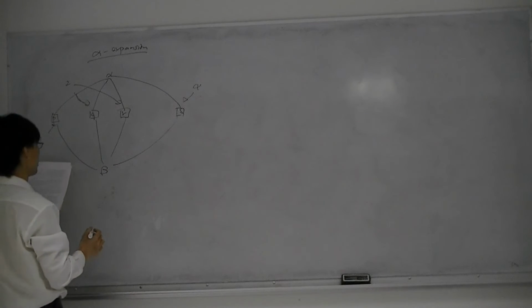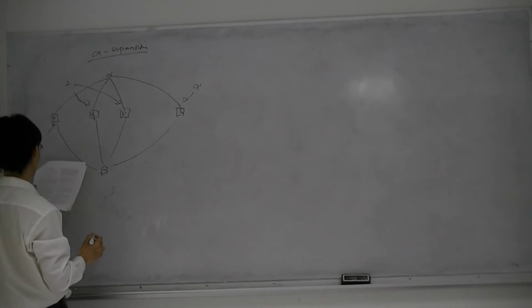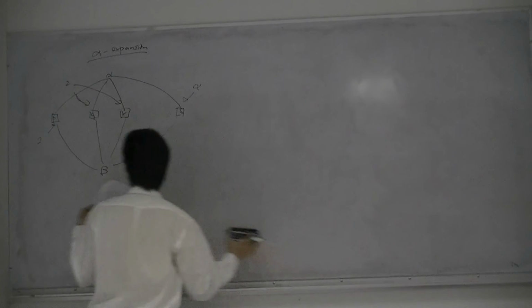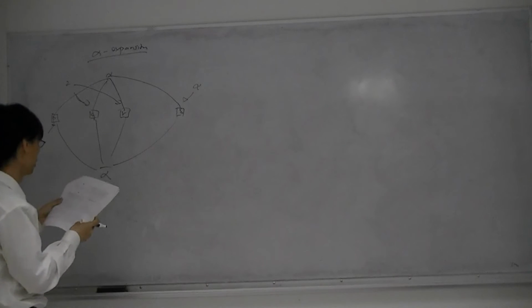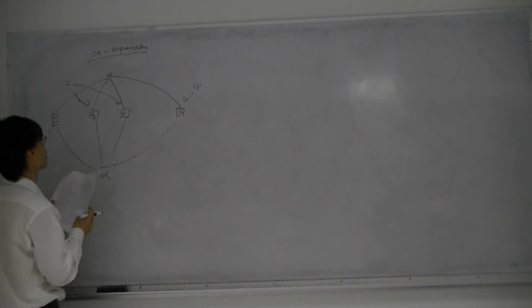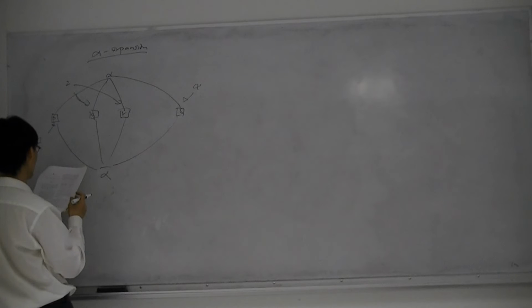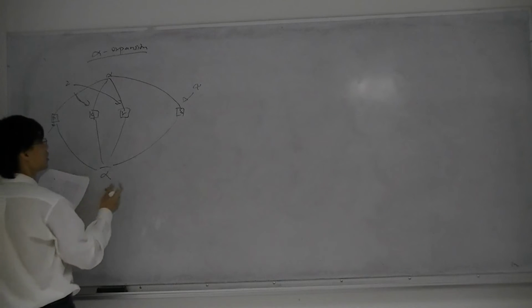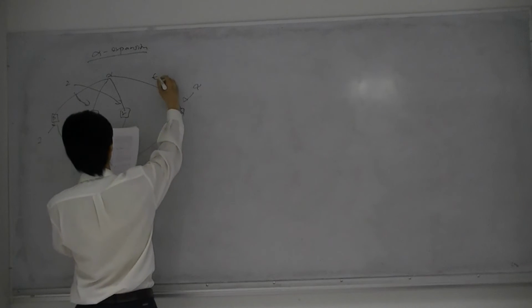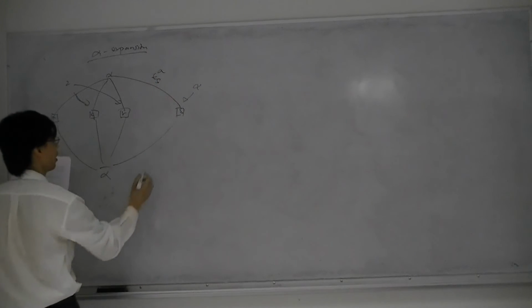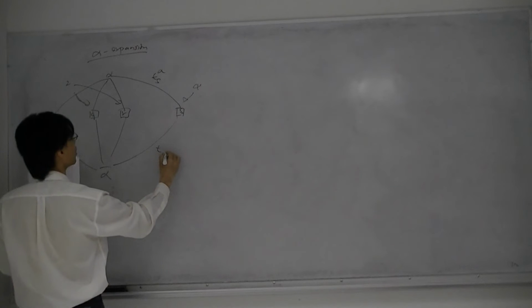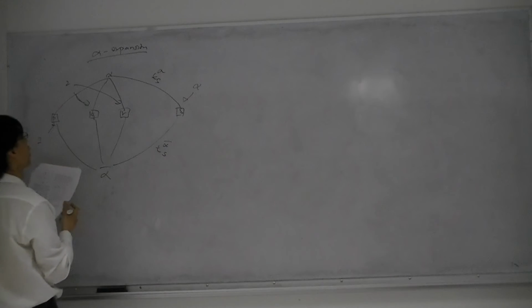Actually, we don't call it beta, we call it the alpha bar node. That's there. And this, I can just call it T as alpha, and this now we call T as alpha bar.